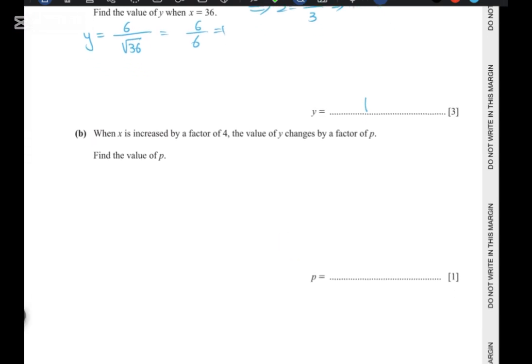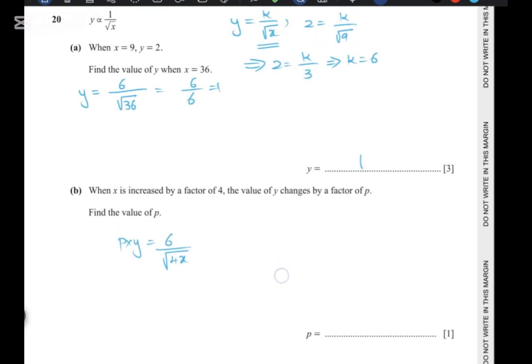B. When x is increased by a factor of 4, y changes by a factor of p. So y will be changing by a factor of p, that means y into p. So you have to take the equation now. P into y is equal to 6 by root 4x, because we saw here that y is k by root x.